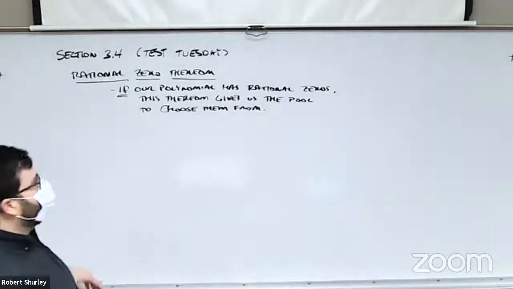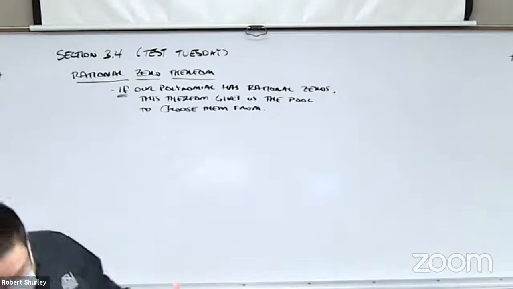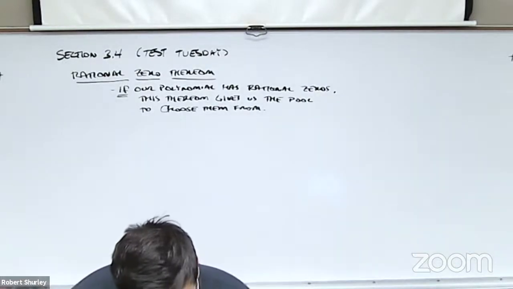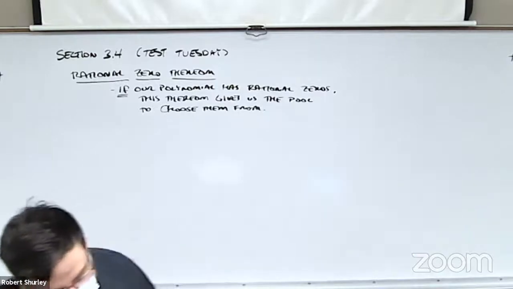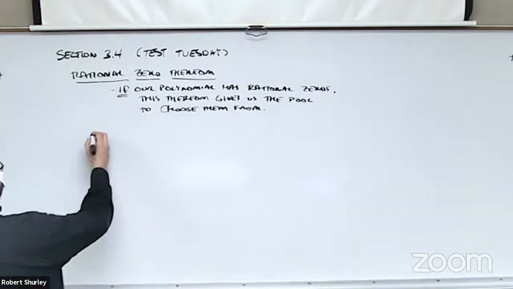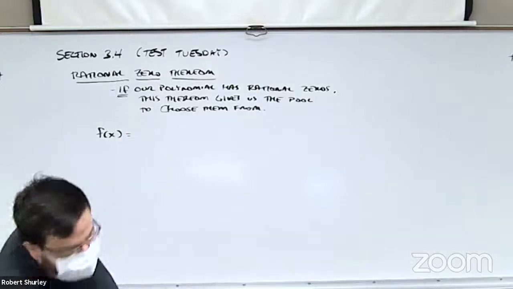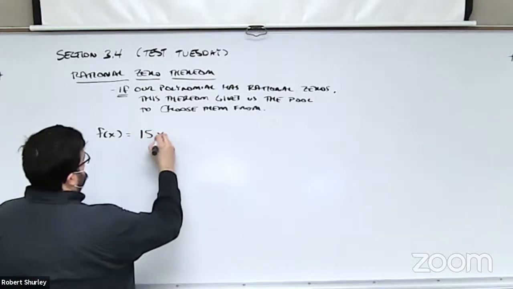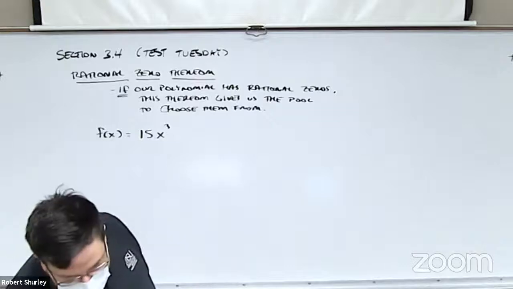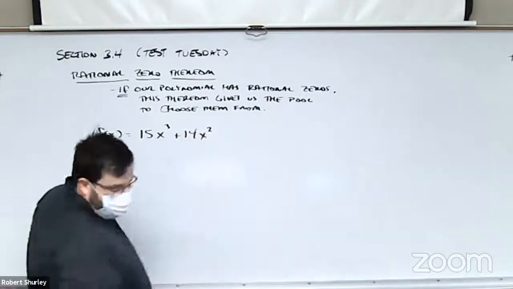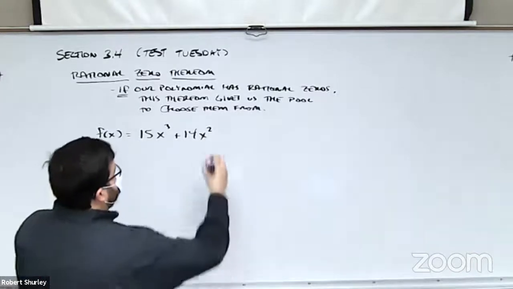So let's look at this. The best way to do this is by example. I'm going to look at example 2 here. We've got f of x equals 15x cubed plus 14x squared minus 3x minus 2.